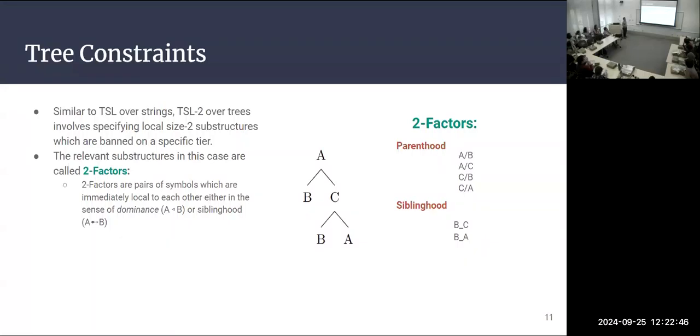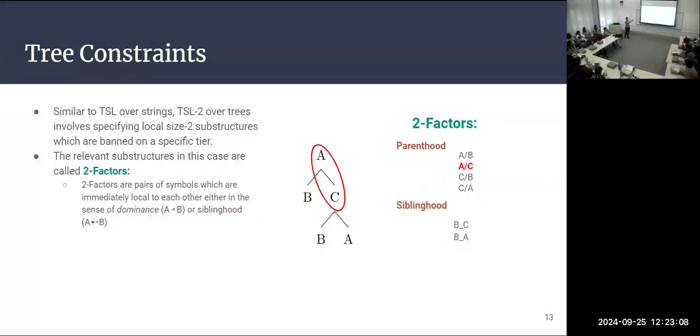They will be in either the parenthood relation or the siblinghood relation, which basically means, for example, this guy, A and B are immediately local. A is immediately above B, and we would say A is the parent of B here. Similarly, we can go through and find all of the different two factors in this tree.